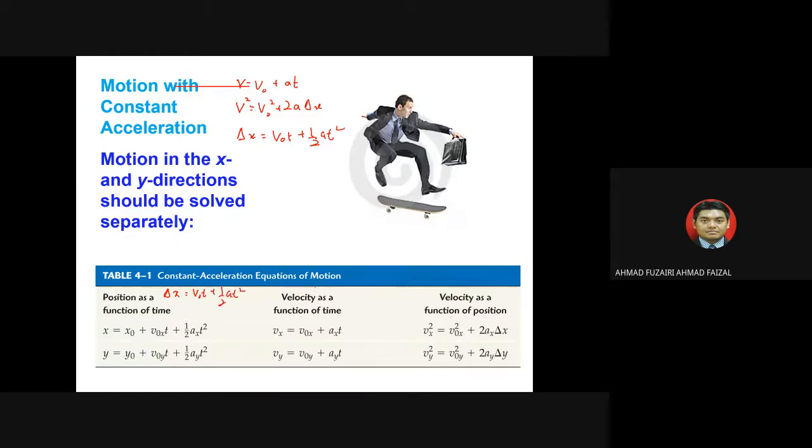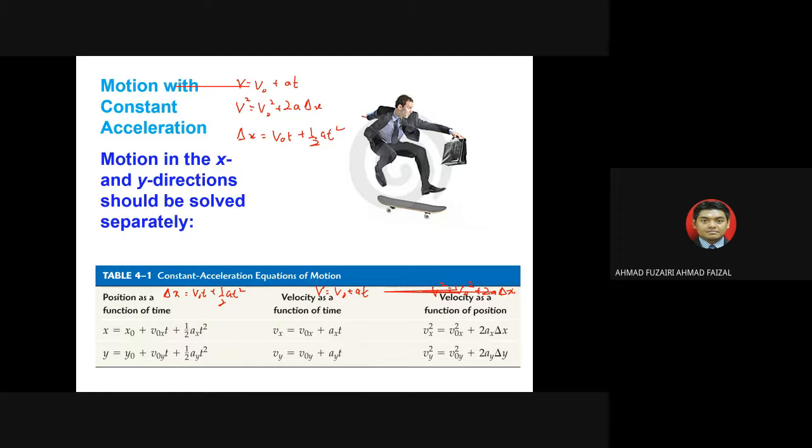This one is v equals v naught plus at. This one is v squared equals v naught squared plus 2a delta x. Of course, I always use delta x, but in fact you need to know that there are two: delta y and delta x.